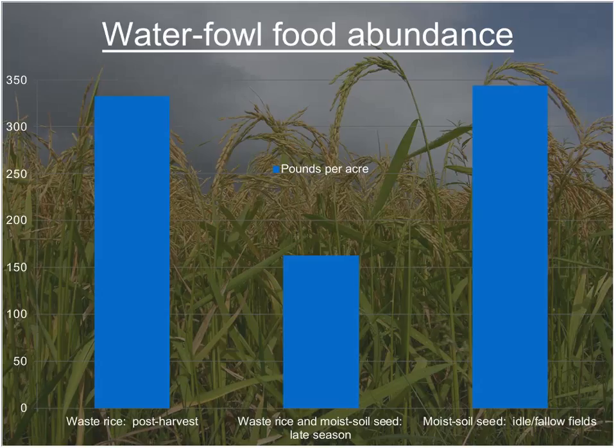And in the idle fallow fields, you'll have moist soil seed from things like smartweed and various emergent grasses. You'll have upwards of 350 pounds of seed in those areas. And again, this doesn't measure the invertebrate abundance in these areas.